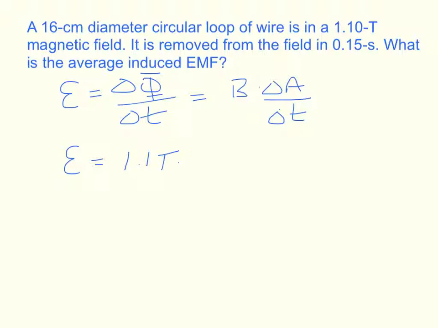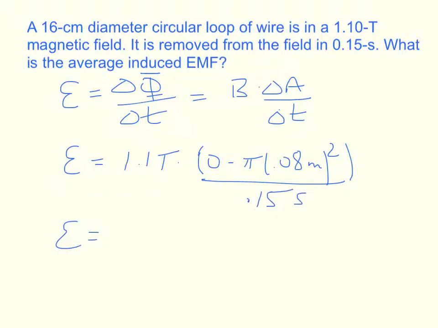And the area change, if we were removing it completely from the field, the final area is zero, so the change is just the entire area itself. So this is another circle, so pi times the radius squared of 0.08 meters squared, divided by the time in which we are doing it.